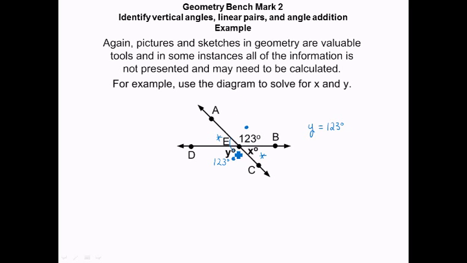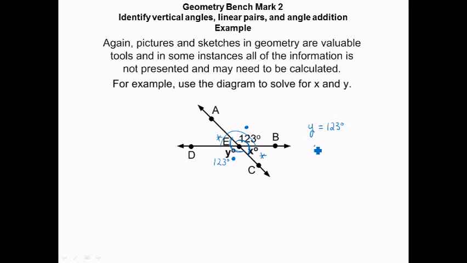Well, I do know that these two or these two add up to 180. Or, these two or those two. Depends on how you want to go around it. But basically, you have two sets of vertical angles, and one of each add up to 180 because they make straight lines.